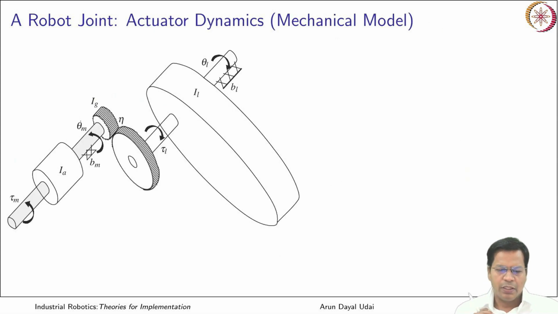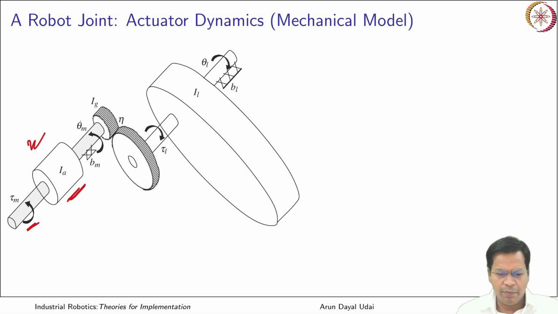Now let us look into the mechanical model also. We call it the actuator dynamics of the robot joint. It is constructed like this. You have tau m that comes here, that is through the motor. And Im is basically the moment of inertia of this armature, whole of the system including the coil, the solid armature core, including the shaft, everything is here.